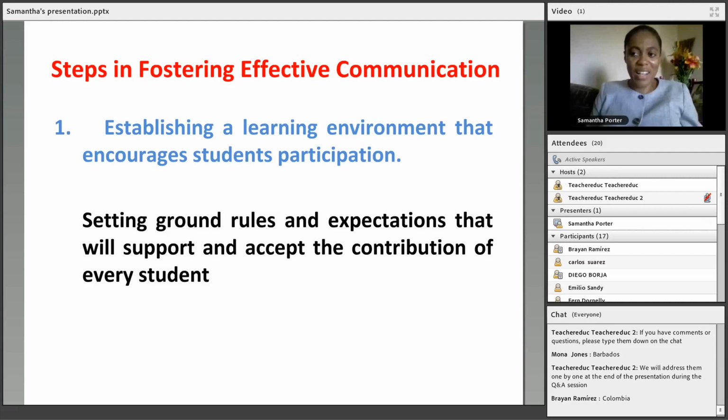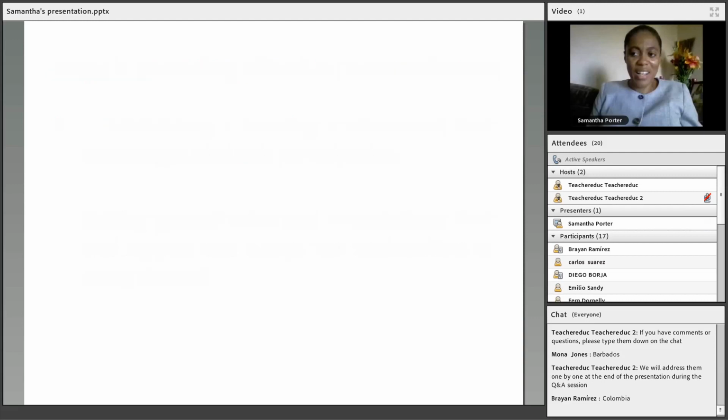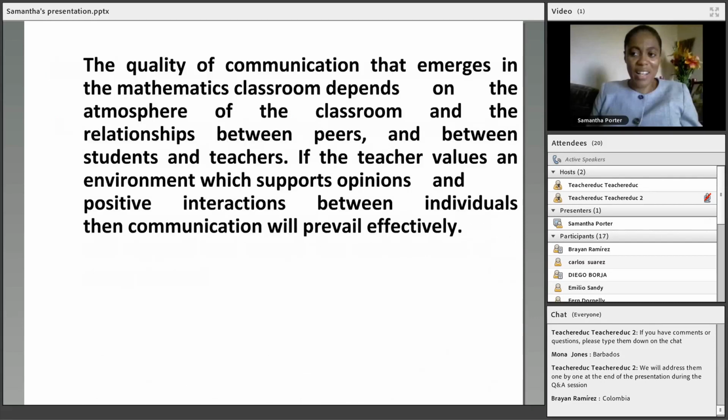Every question must be allowed to be aired in the classroom without any laughing or mocking, so that students feel totally free to ask questions. Also, as teachers, our expectation must be that every child can and will learn mathematics. This must be communicated. This environment must be established within the classroom if we are going to have effective communication.